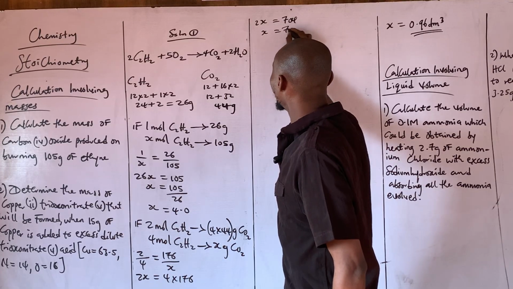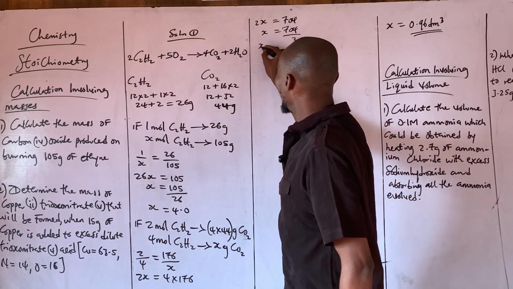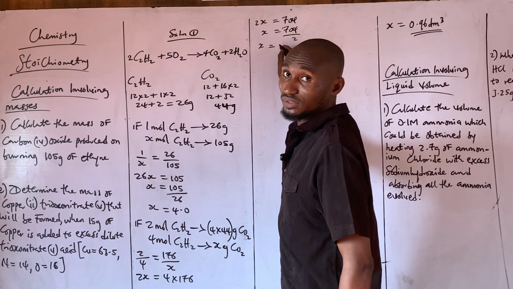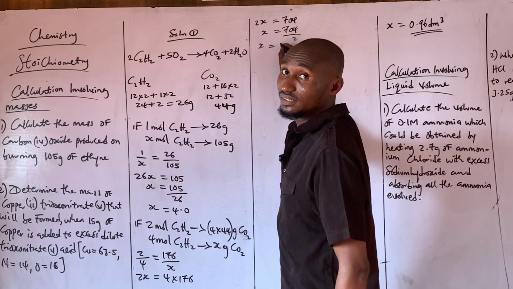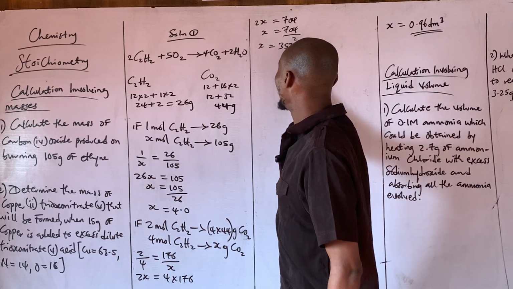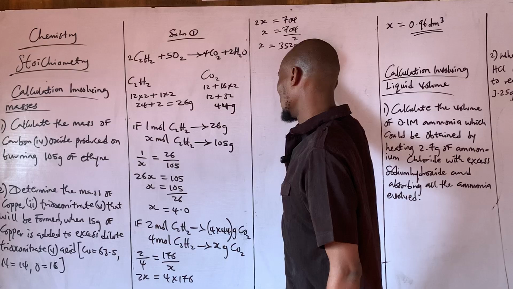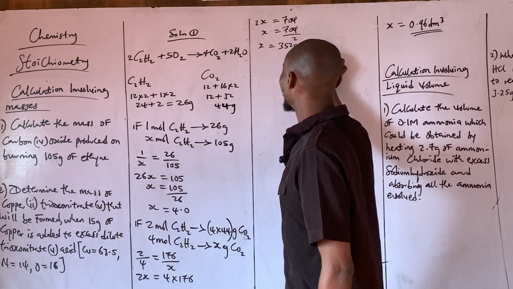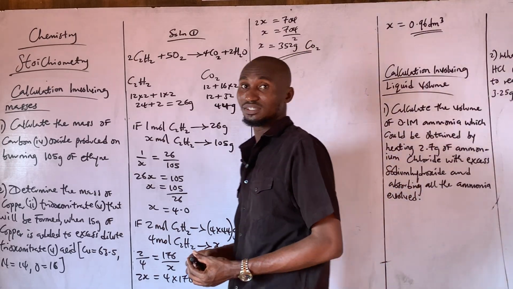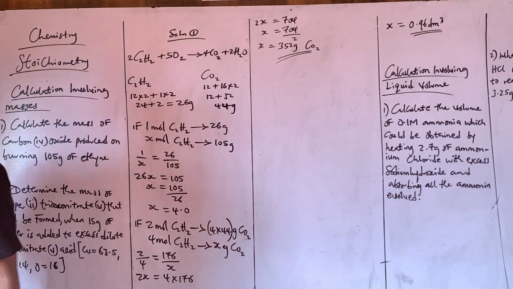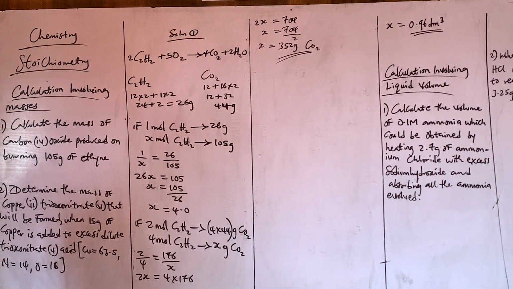So x is equal to 704 divided by 2. x is equal to what? 352. 352 gram of carbon dioxide. So this is the final answer. Did you understand now? Yes.